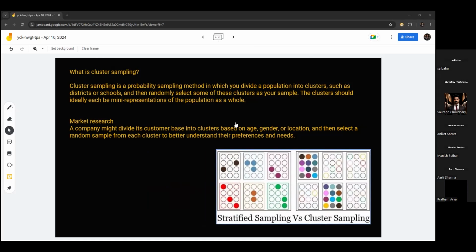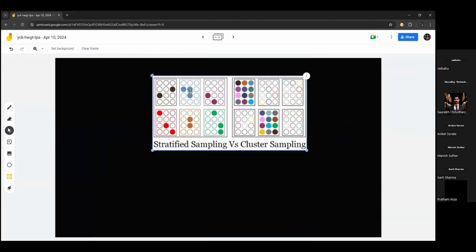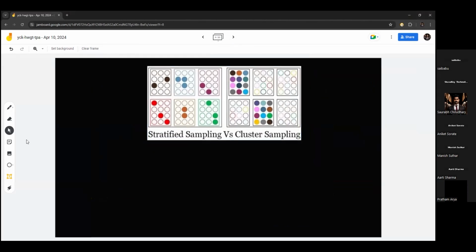See, first of all, what happens? Let me write this in the new. We have to understand the difference between both, and difference is very clear from this.